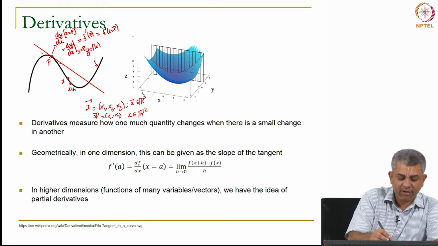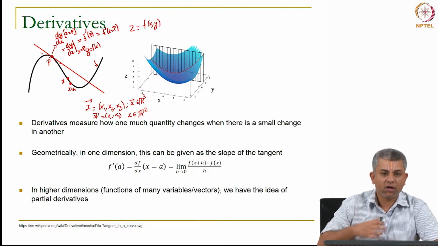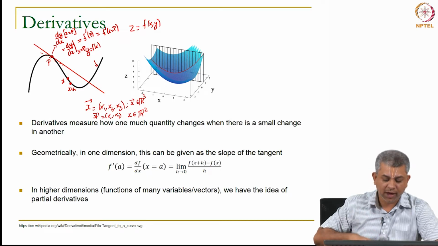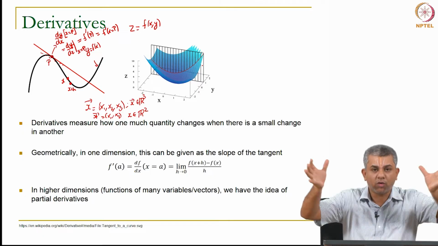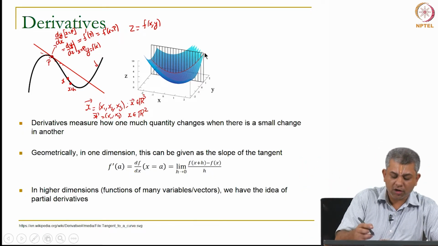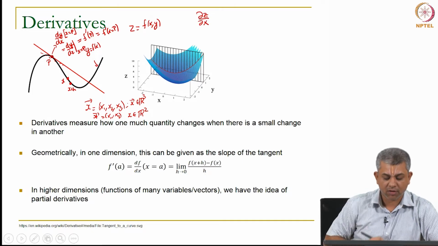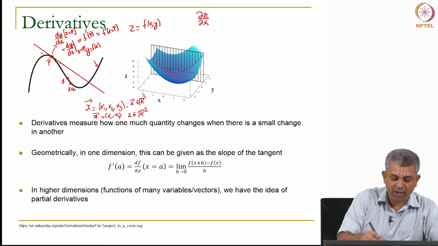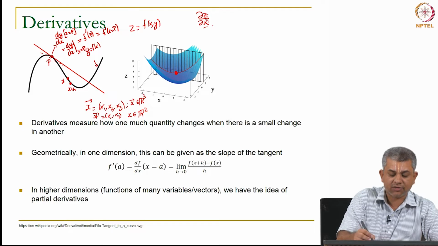Let us say z is f of x and y. Now, if you want to denote or visualize z, you simply have the variables x and y, as they change z changes, and you see here one whole surface, okay, for z. Now, I could want to know what is del z del x at a particular point, let us say this point. I might want to know if I just change x and I keep y fixed.